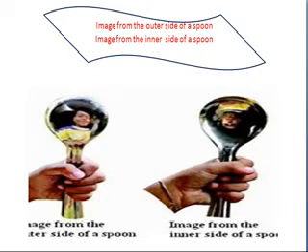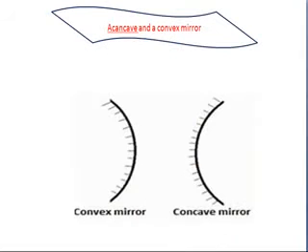Yes, the image formed on the inner side is straight as you are looking, and the image on the other side is inverted, isn't it? So, this is what we call a concave and convex mirror. See, this is the convex mirror and the concave mirror.